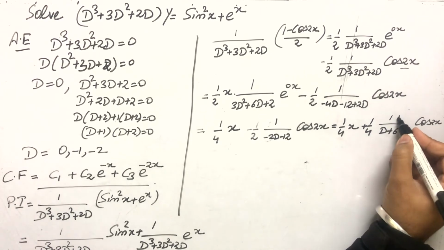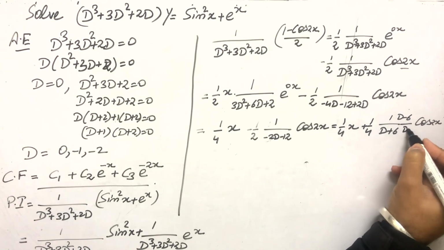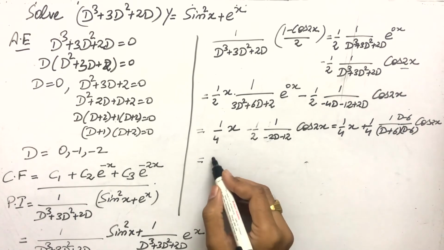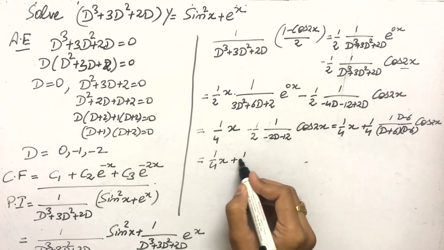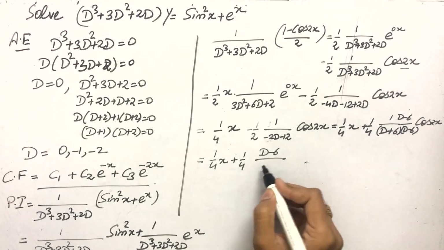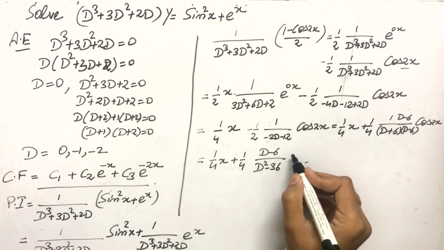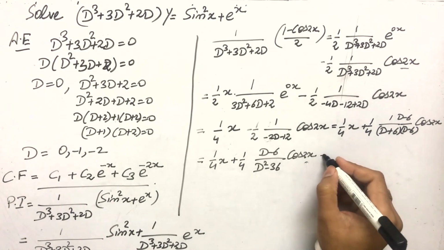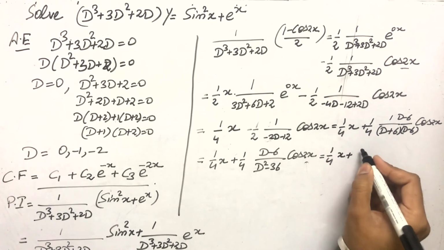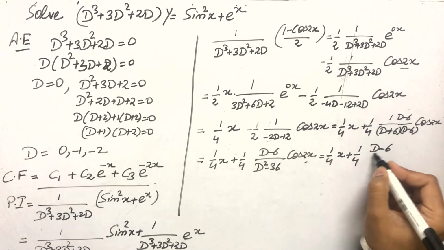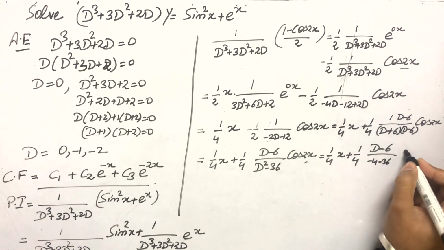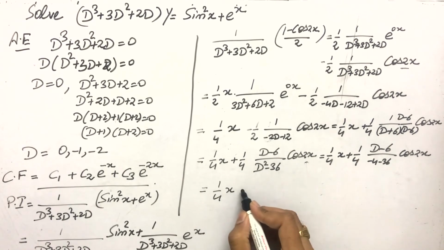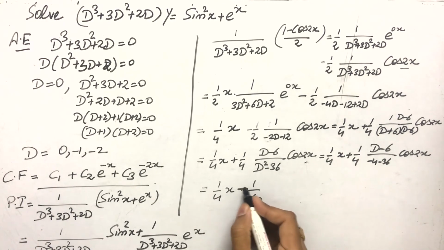To make it a square, we multiply with (D - 6) and divide with (D - 6). So this is (a + b)(a - b). So we have 1/4 x, 1/4 (D - 6) upon (D^2 - 36) cos 2x. Very easily we can put D^2 = -4. So 1/4 x, 1/4 (D - 6) upon (-4 - 36) cos 2x, which is 1/4 x, 1/4 times 1/(-40).